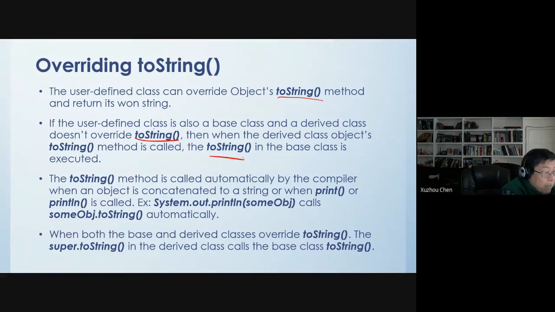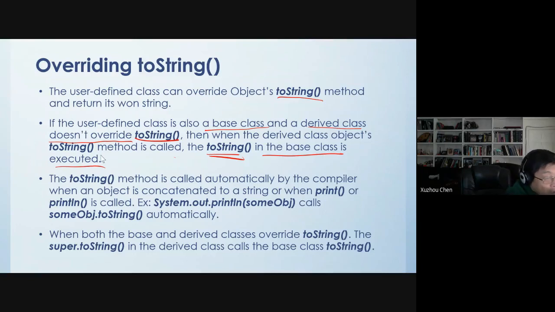If the user-defined class is also a base class, and a derived class does not override toString, then when the derived class object's toString method is called, the toString method in the base class is executed.